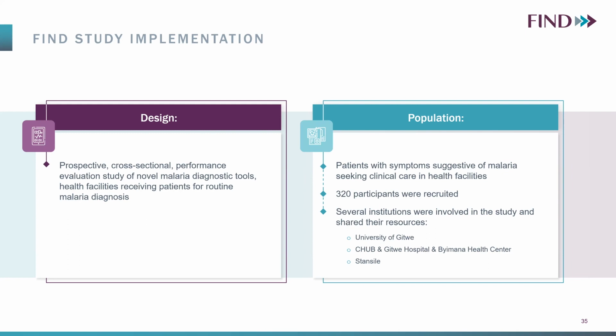Several institutions were involved, like the University of Gitwe, which handled all administrative aspects of the trial, and CHUB, which contained the central laboratory, where many advanced tests were performed.